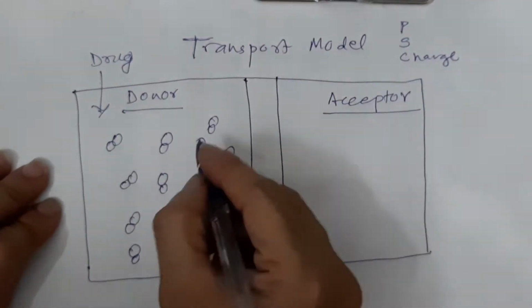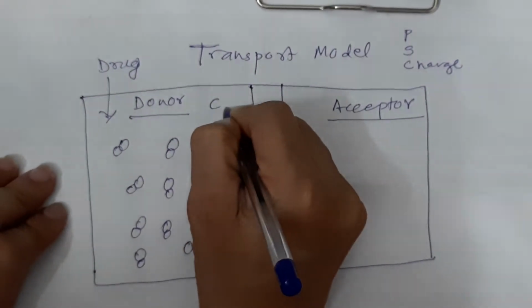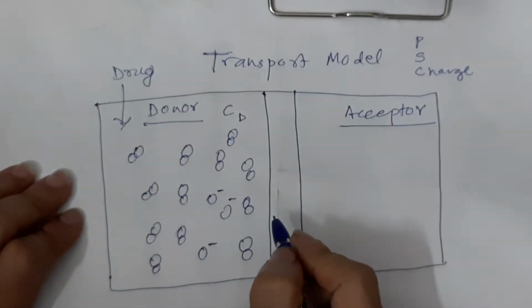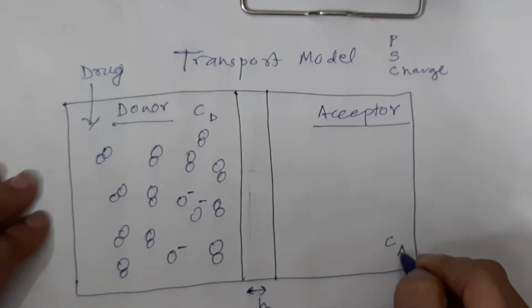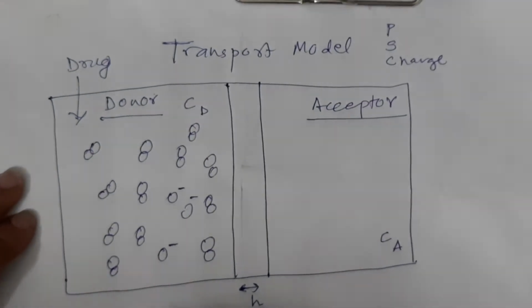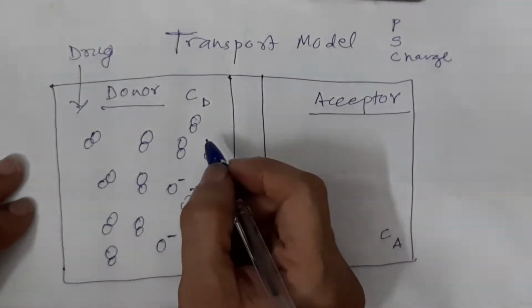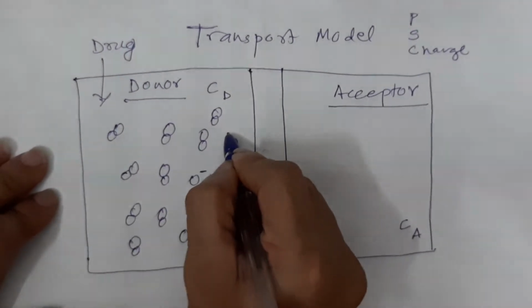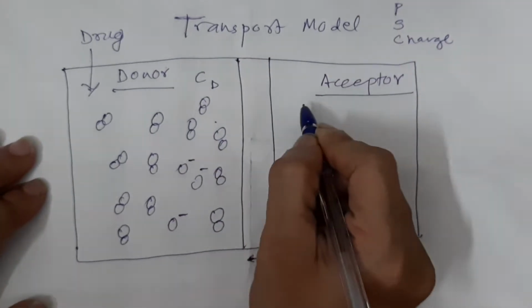Now the concentration of drug in the donor compartment is CD, and the concentration of drug in the acceptor compartment is Ca. The concentration of the drug in the donor compartment is going to change.